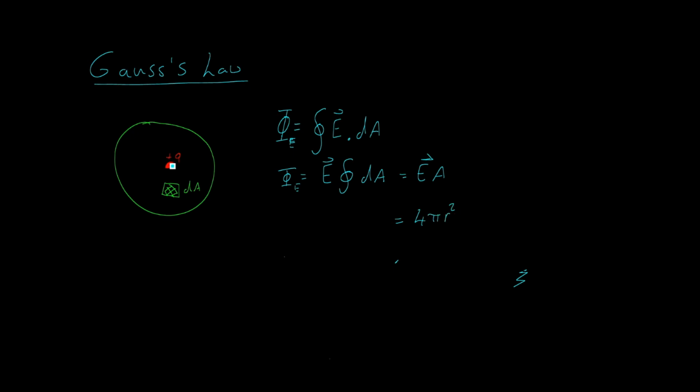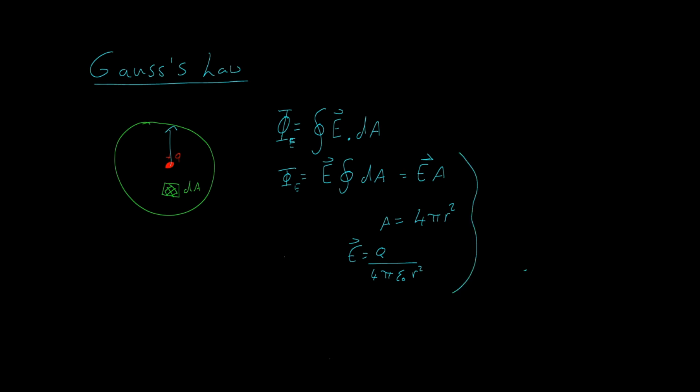Let's just write our r in here because it's the radius not from the charge, but from the center of the sphere to the surface itself. Now the electric field equals Q over 4 pi epsilon naught r squared. So now we can do quite a lot of nice simplifying.